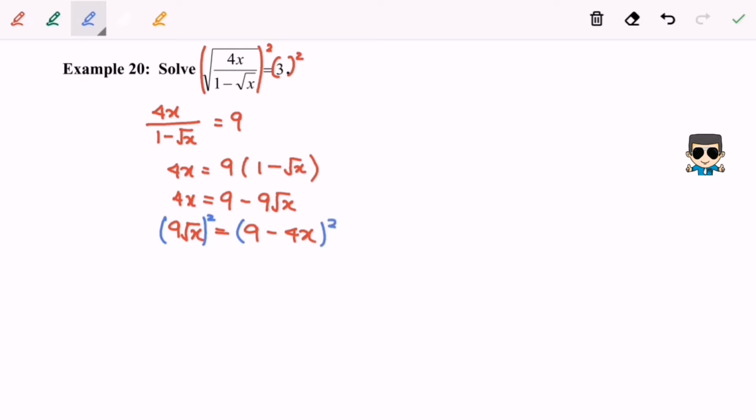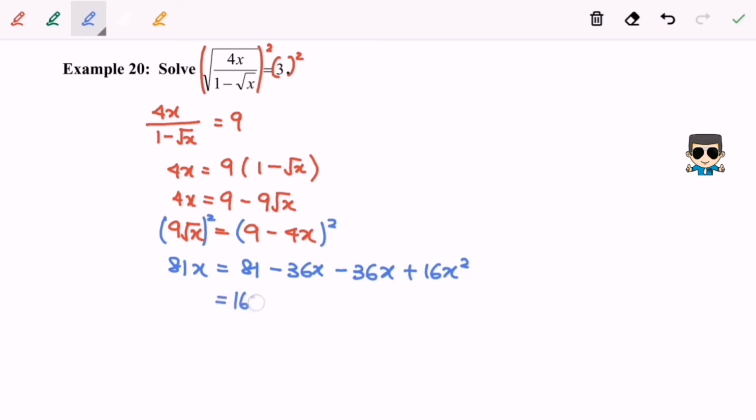So we will have 81x equals 81 minus 36x plus 16x squared. Next, I'm going to rearrange so that we can have a quadratic equation.